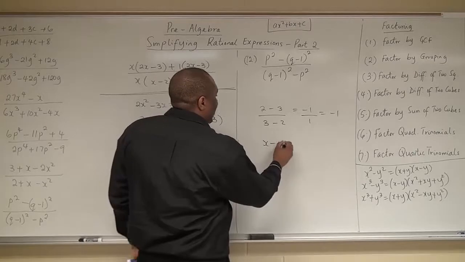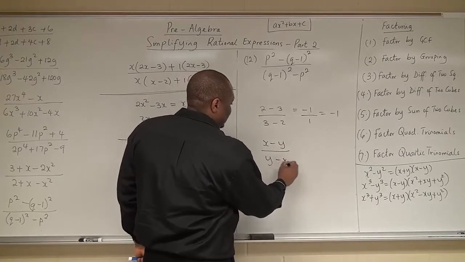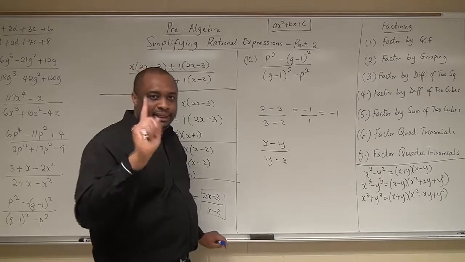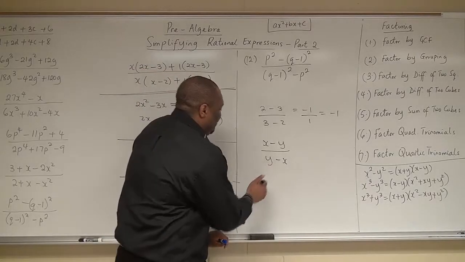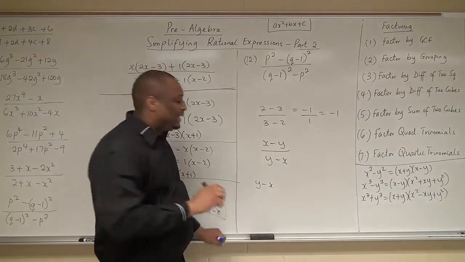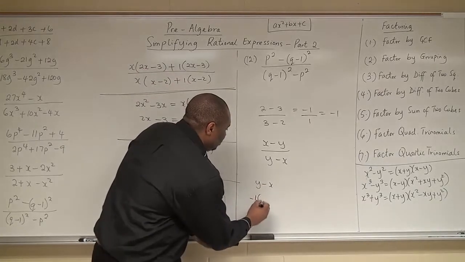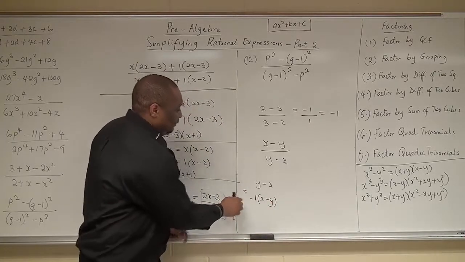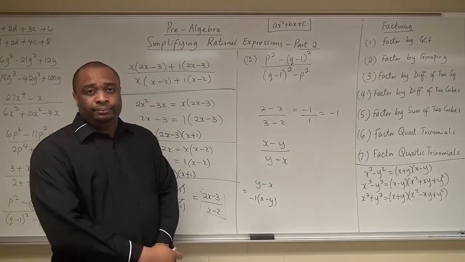If you have x minus y, and the other one is y minus x. You will see this. Y minus x is the same thing as saying negative 1 times x minus y.